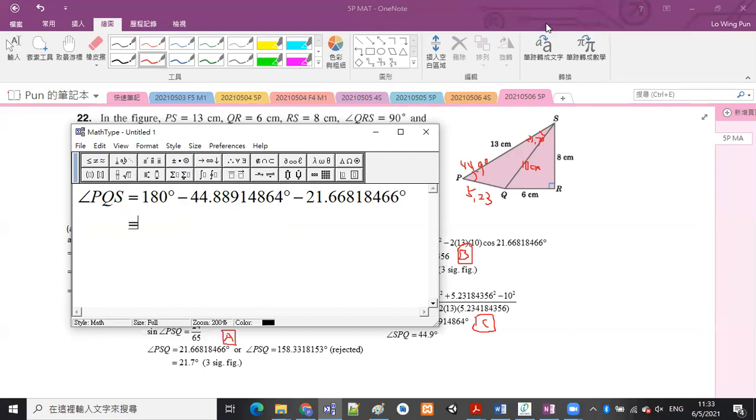And of course, I will use memory C and memory A for these two numbers. So 180 degrees minus memory C minus memory A, and it should be equal to 113.4 degrees.